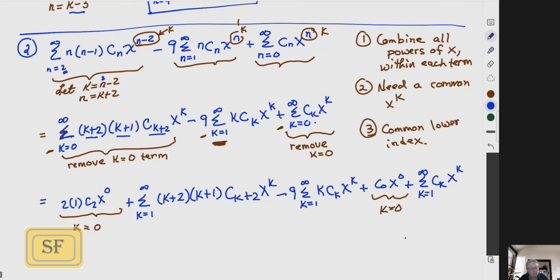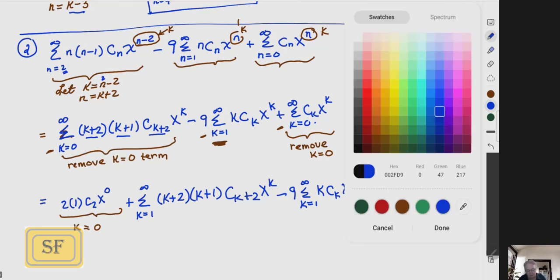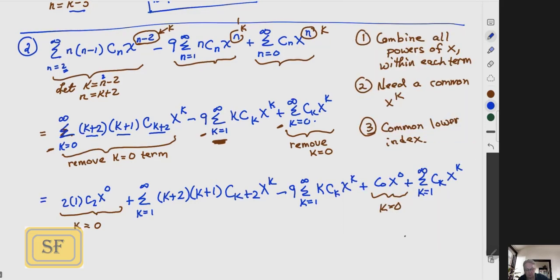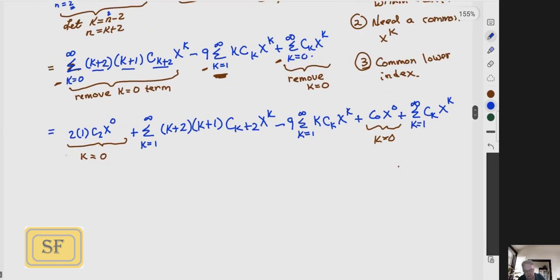I do have these terms outside of the summation that I need to deal with. I'll copy these first. That first term is just 2c2, and the second term is just c0.